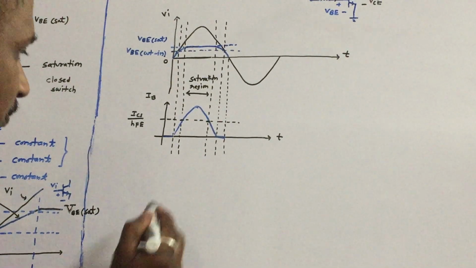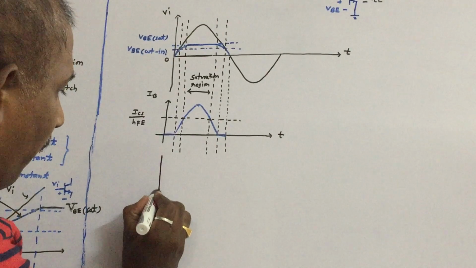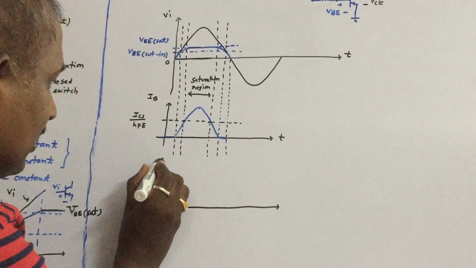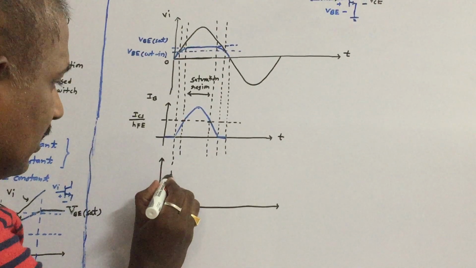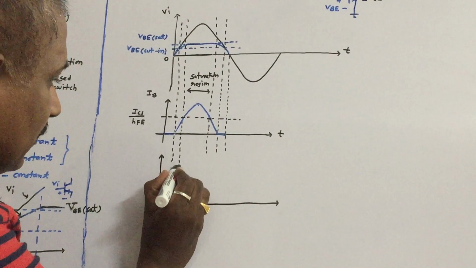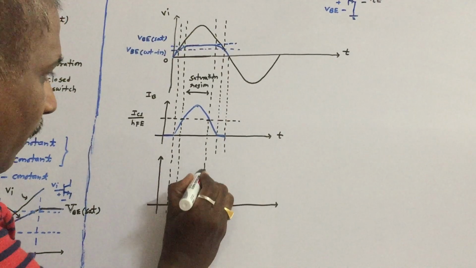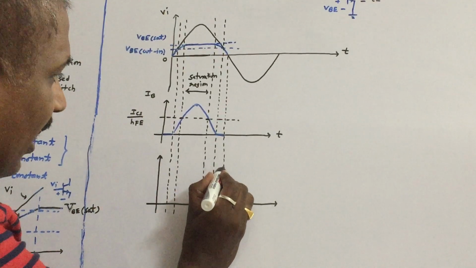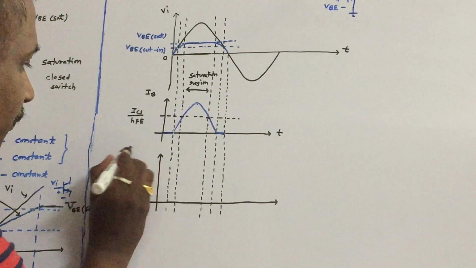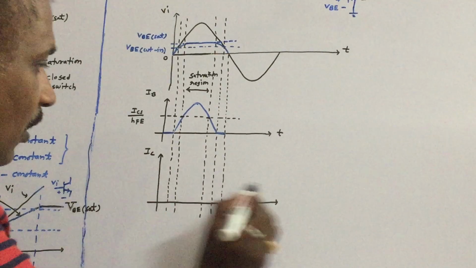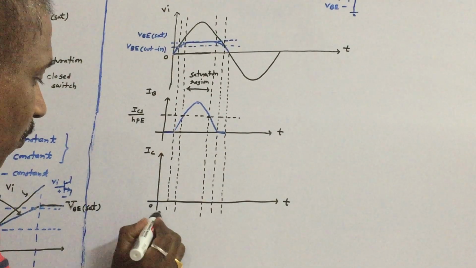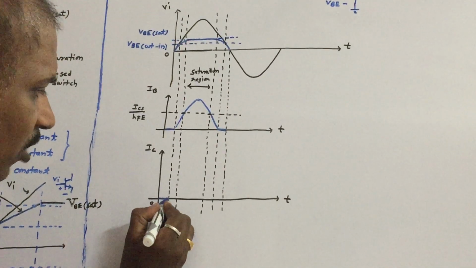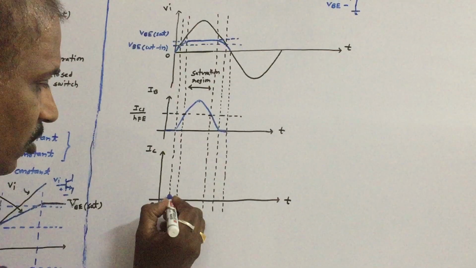Now let us draw the next waveform, the IC waveform, IC versus time. Project these lines. This is 0, since IB is equal to 0, IC is also equal to 0.